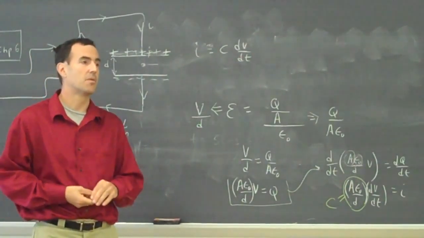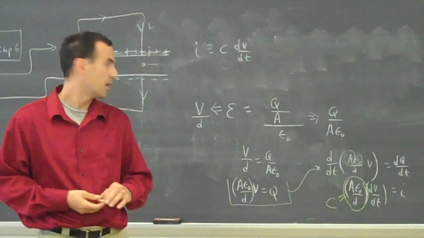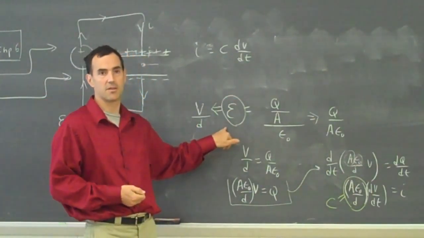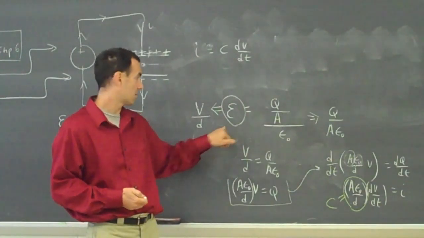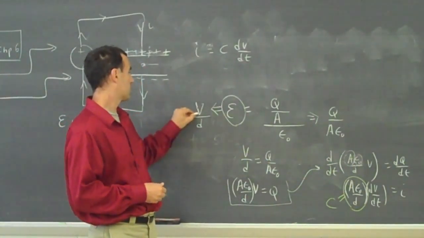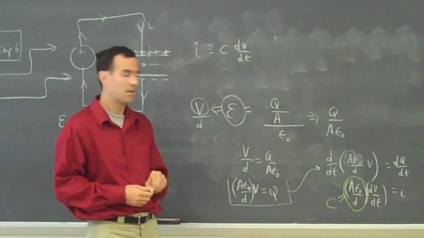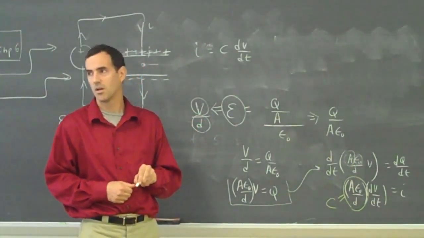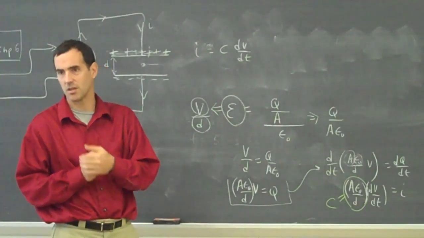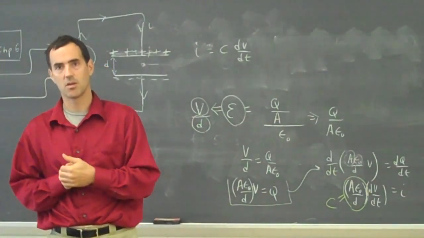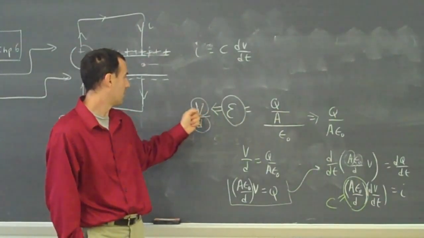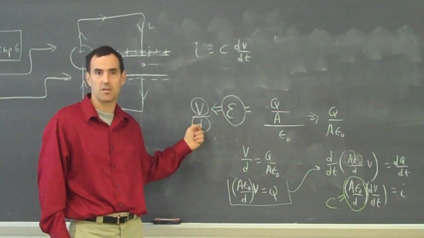Let me give you an example of one of the problems I haven't dealt with carefully. Electric field, vector or not a vector? Vector. Voltage, vector or not a vector? Not a vector. Distance, vector or not? Well, if it's a distance or position, it could potentially have a direction to it. Maybe, maybe not. So how on earth am I getting a vector from a non-vector and a maybe vector?